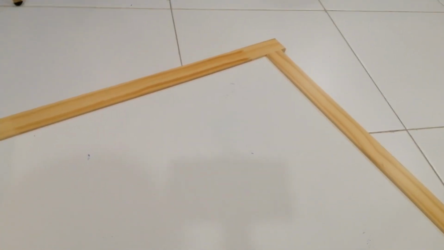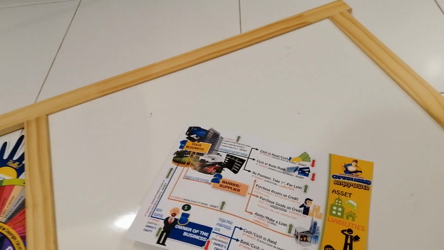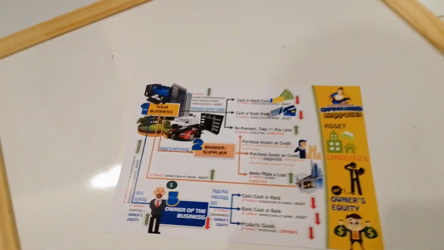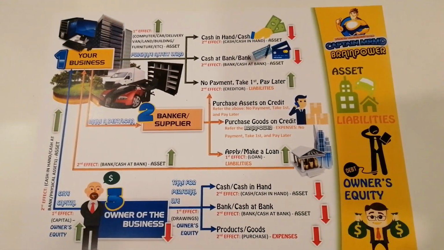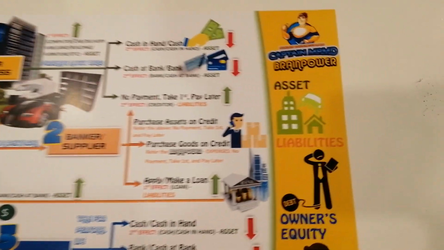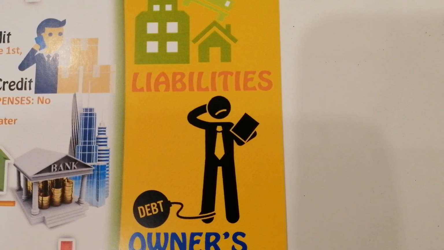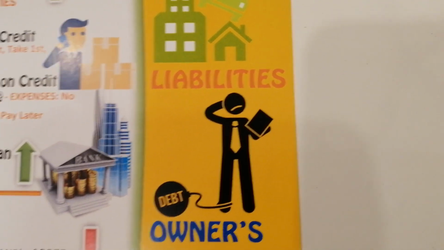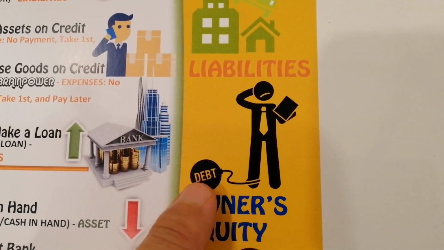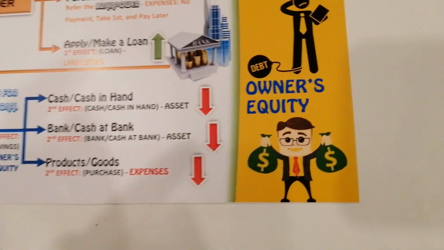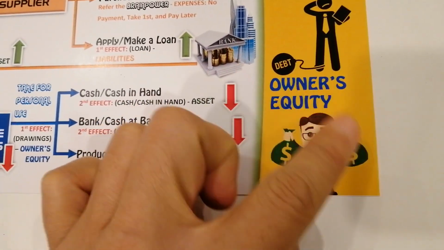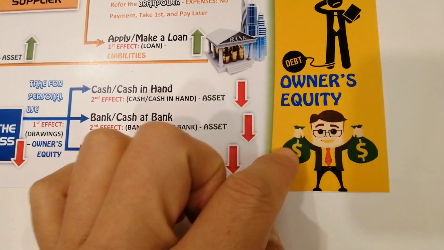Okay, so the first brain power that you have. Look at the first one. Asset, liabilities. You see that? Okay, there is a debt chain here. It is a commitment. And on the security, normally the owner does it for profit. Okay.